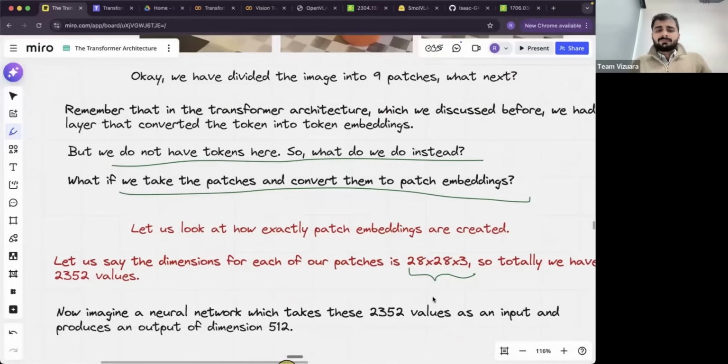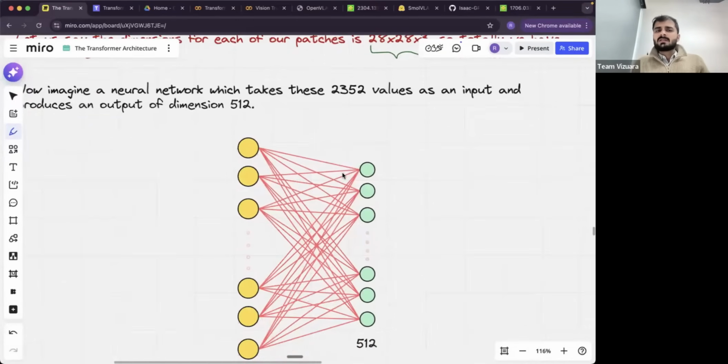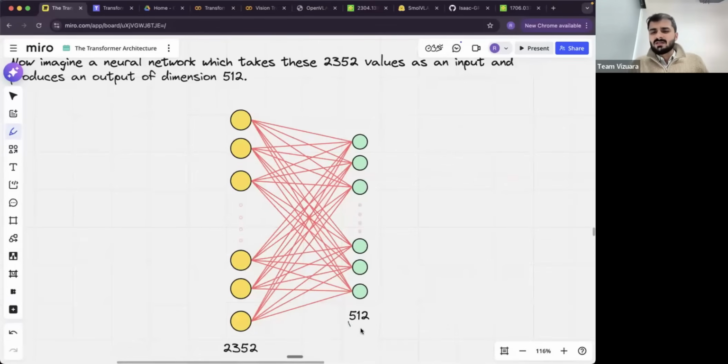And now imagine a neural network which takes these values and converts them into a dimension of 512. This is just a hypothetical example, and this is the token embedding dimension. In our transformer encoder discussion, we had taken an example where we had considered the dimension to be 3. But in reality, as I showed in the animation before, the dimension is usually much higher than 3.